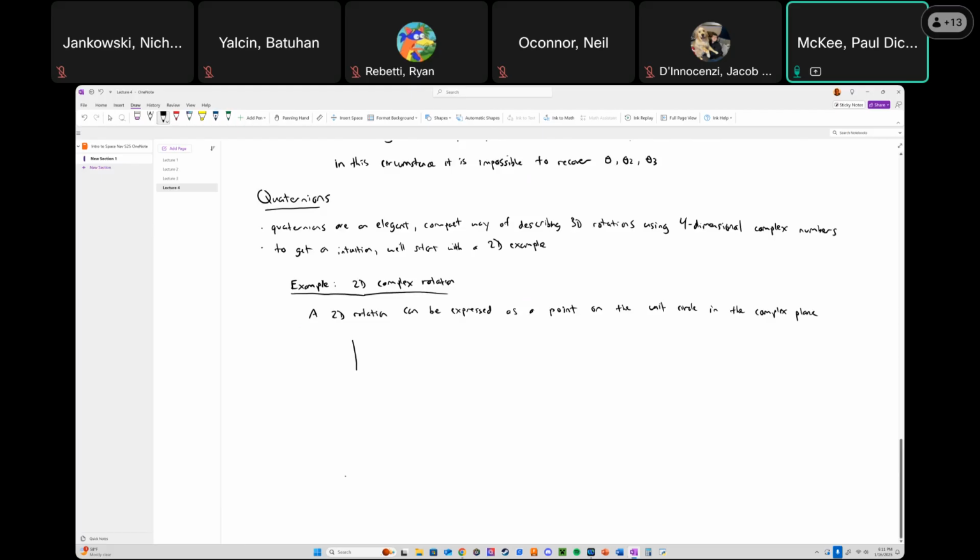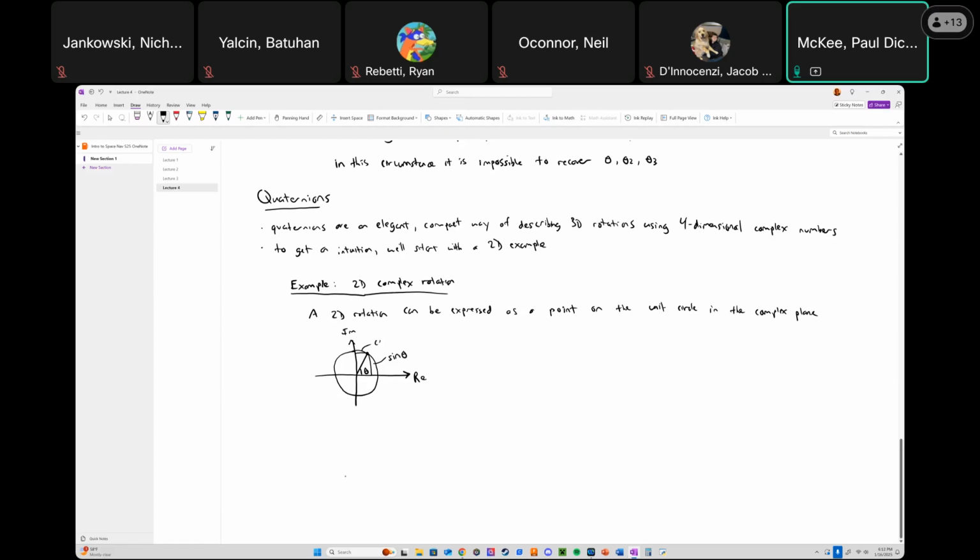If you've got, say, this is the complex plane, this is the real axis, this is the imaginary axis, then any point on this unit circle would be, for example, about right here. Let's say this angle is theta. Then this distance here is sine of theta.